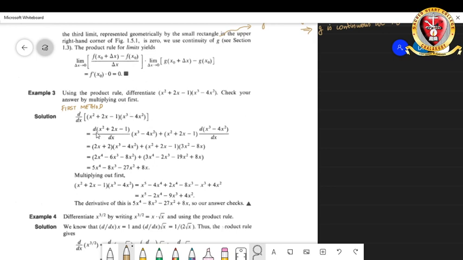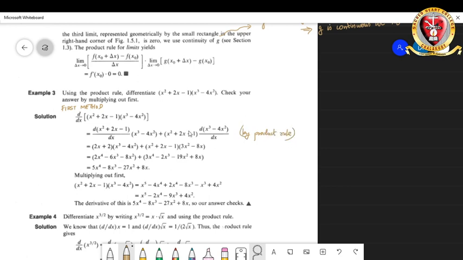You take the derivative of the first term, d by dx of x square plus 2x minus 1, into the second term, plus the first term into the derivative of the second term. That's what we have done, by the product rule.